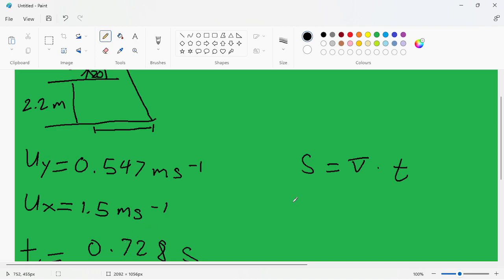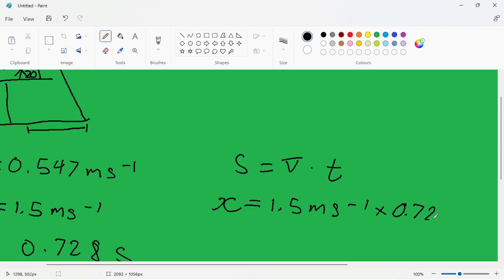So all we have to do is say that the horizontal distance is equivalent to 1.5 meters per second multiplied by the time, which is 0.728 seconds.